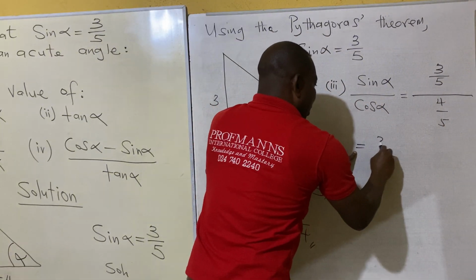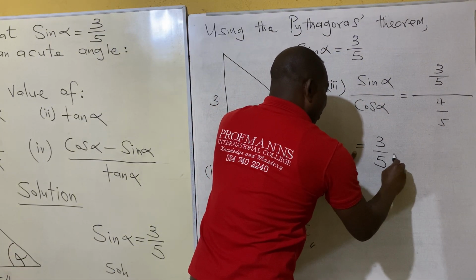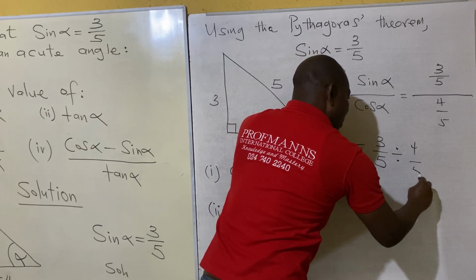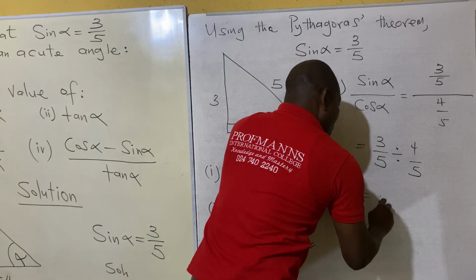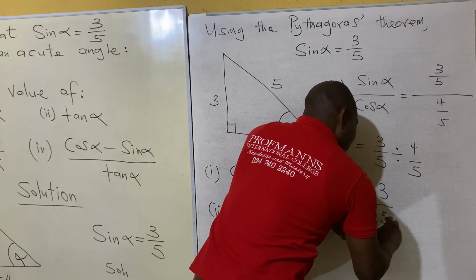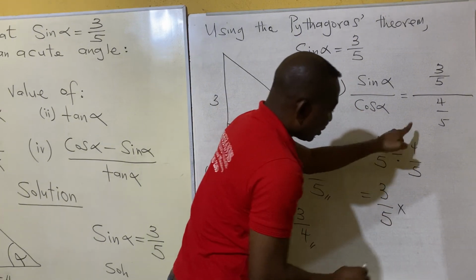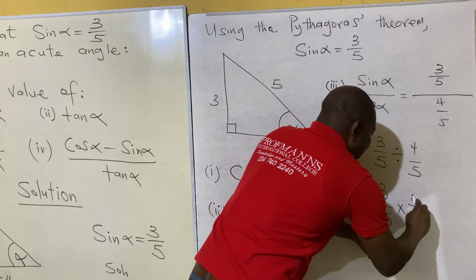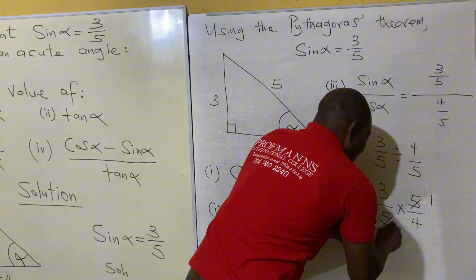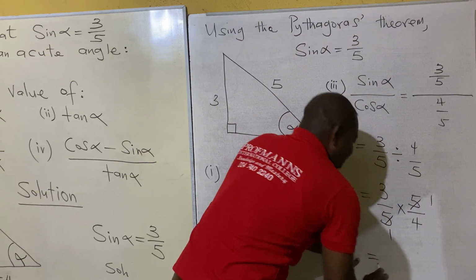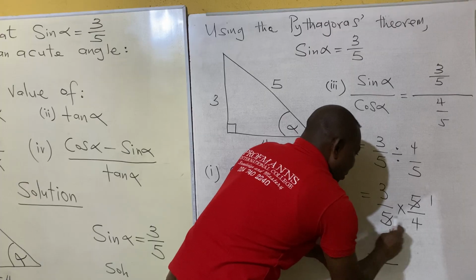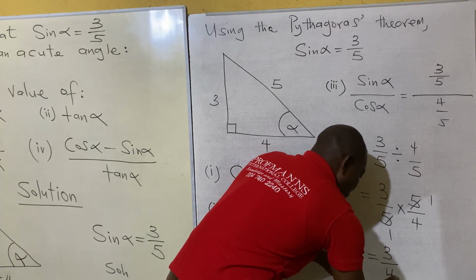This is 3 over 5, which is divided by 4 over 5, is equal to 3 over 5 times, then we reciprocate this, 5 over 4. 5 goes into 5, 1. So the final answer here is 3 over 4.